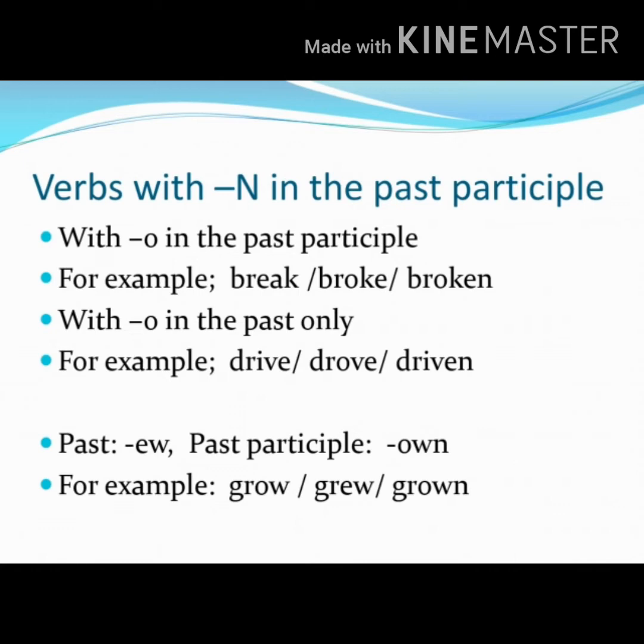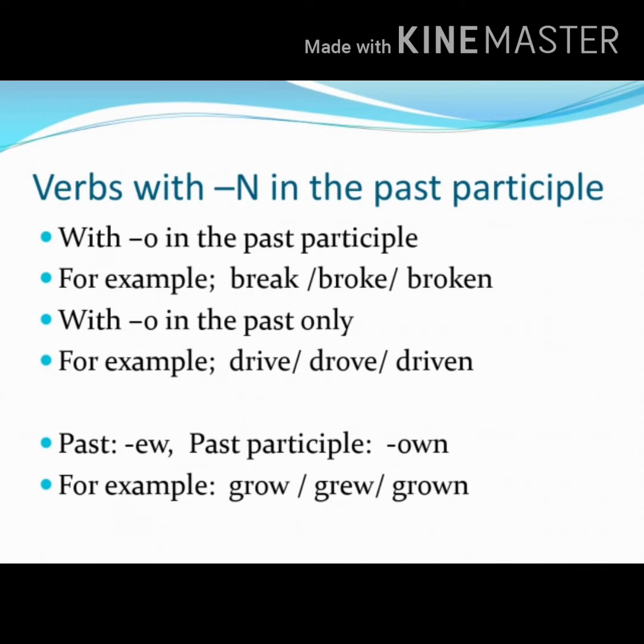These can be divided into four subgroups. The first one is with "o" in the past participle form, meaning in the third form. For example, break, broke, broken. The second group is with "o" in the past only, for example, drive, drove, and driven.